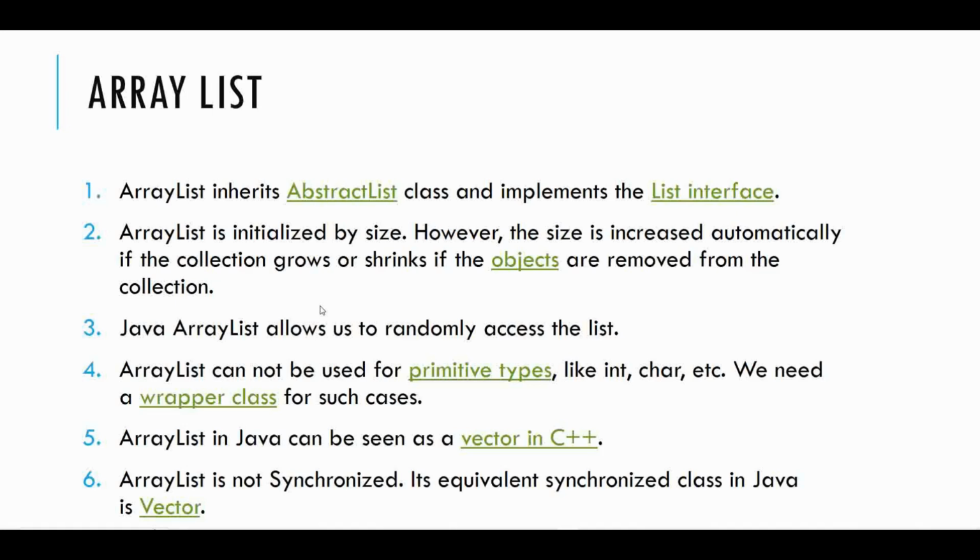Now when we deal with array list, we need to know about primitive data types such as int, char, float, right? You can see int with a small i, so it's not a class, it's a primitive data type. Character with a small c, float. This kind of primitive data type will not be able to create an array list.